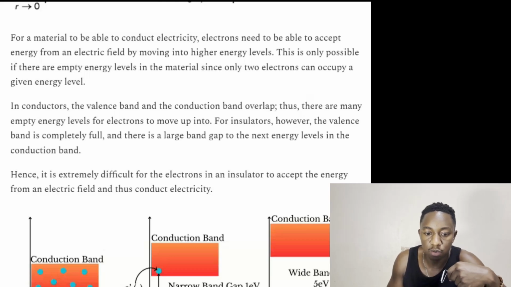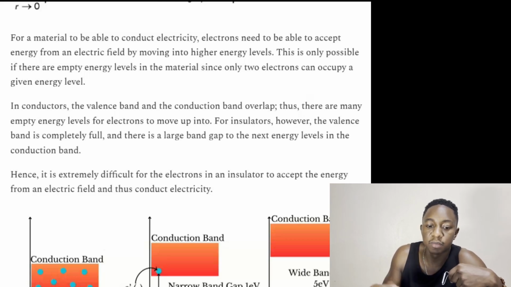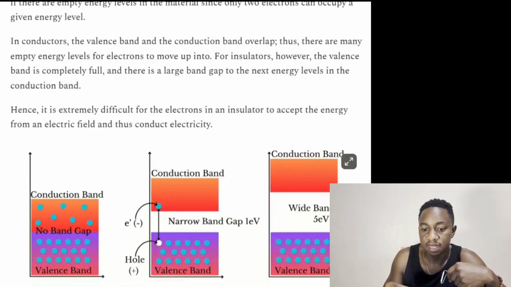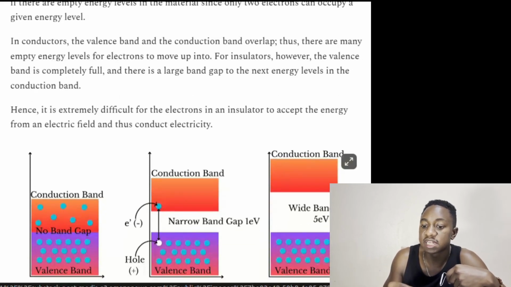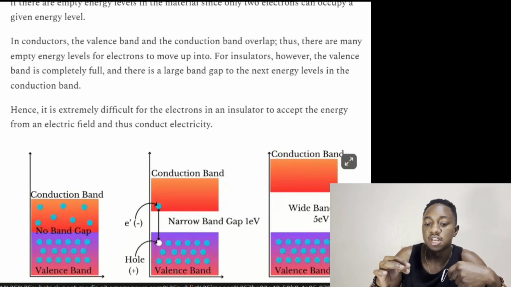This is only possible if there are empty energy levels in the material, since only two electrons can occupy a given energy level. In conductors, the valence band and the conduction band overlap. Thus, there are many empty energy levels for electrons to move up into.